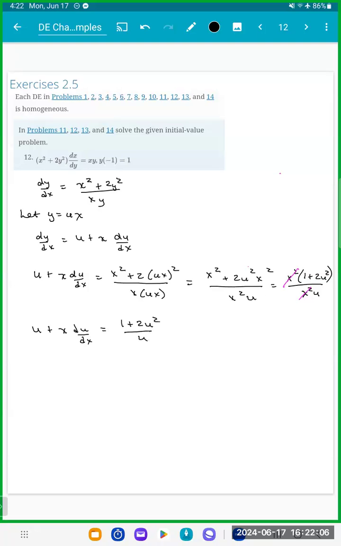Okay. I'm going to minus a u from both sides. So when I minus a u from both sides, this actually gives me here 1 over u plus 2u.